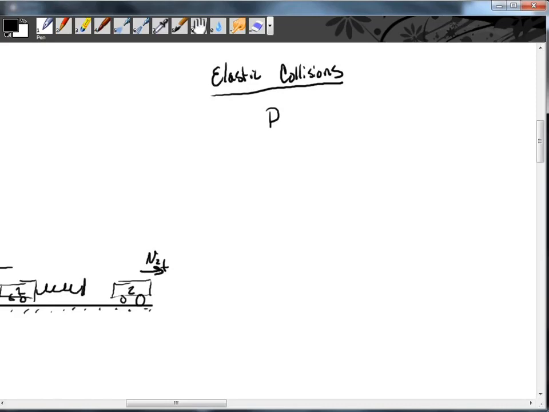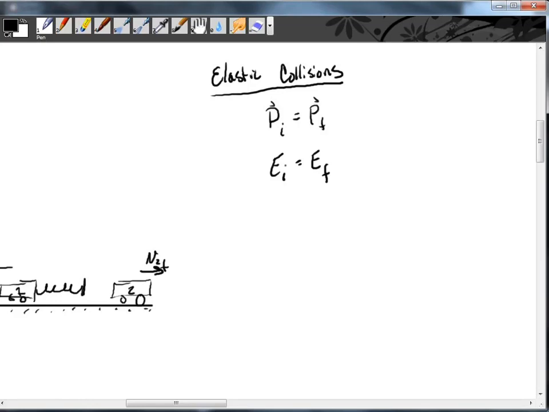The first is always true, that our initial momentum equals our final momentum. But the other one is that our total energy before equals our total energy after. Our total mechanical energy before is equal to our total mechanical energy afterwards.